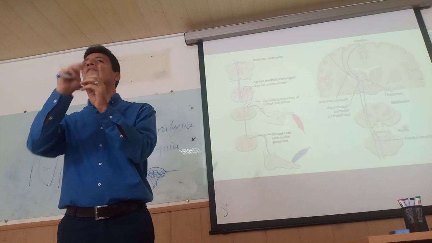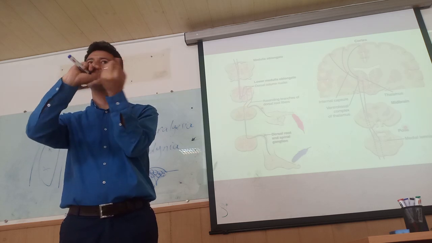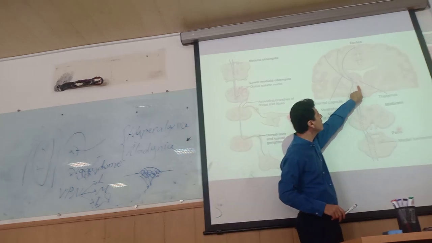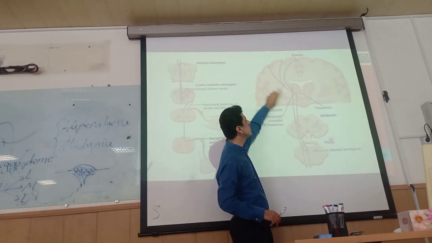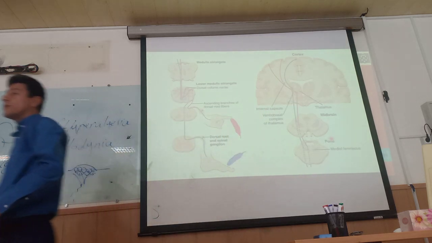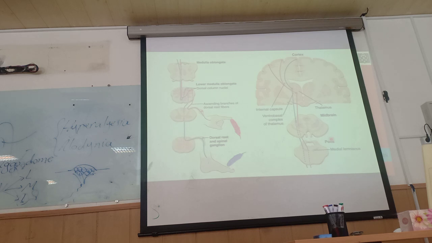Then third order neurons that go to the cortex again change their orientation. You can see the red one goes to the lateral side, the blue one goes to the medial. So a stroke that affects the medial side of the cortex may cause sensory loss in the legs. A stroke in the lateral side of the brain may cause sensory loss in the hands or face.